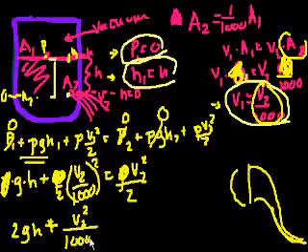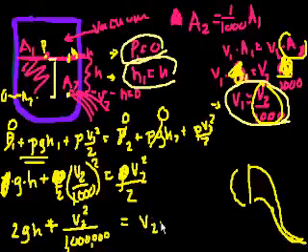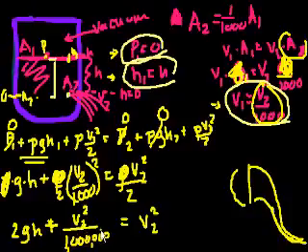Over 1 million. Now, we could do the exact thing. We could subtract 1 over a million v2 squared from both sides, and we would get 0.9999999 v2 squared.